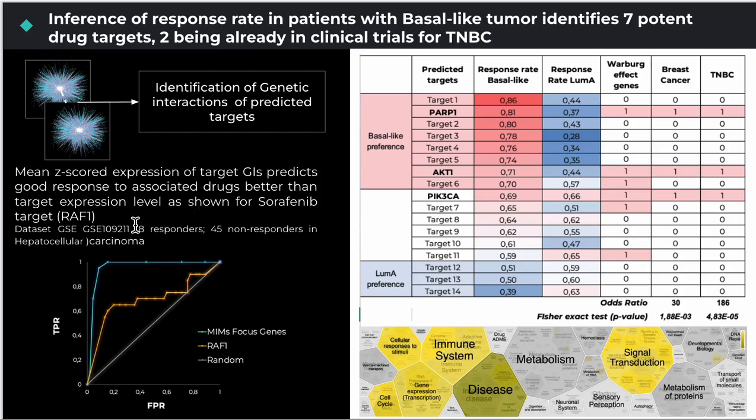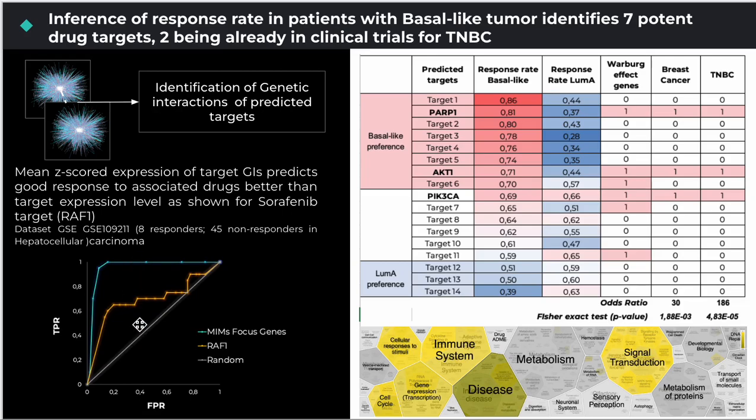So this methodology uses the mean z-scored expression of the genetic interactors of the target. And we've shown that this mean z-scored expression has a higher potential to predict good responders to a drug than the z-scored expression of the target itself.